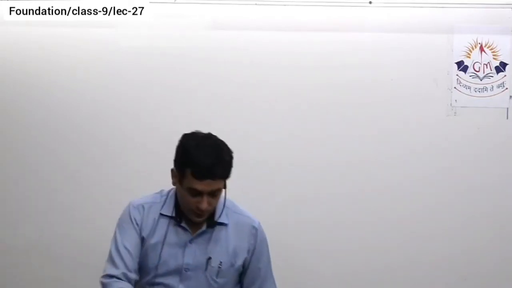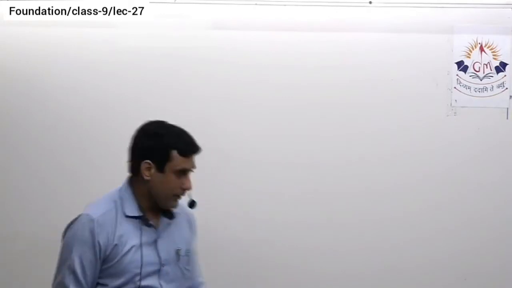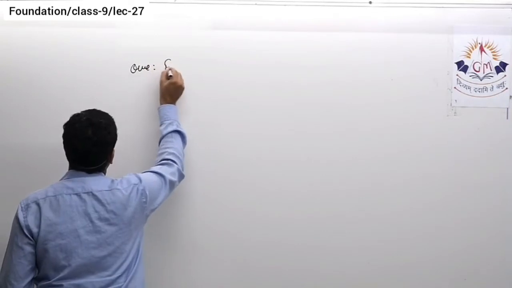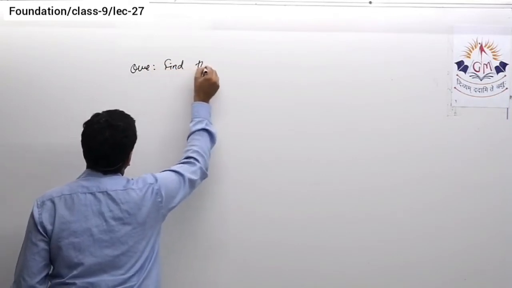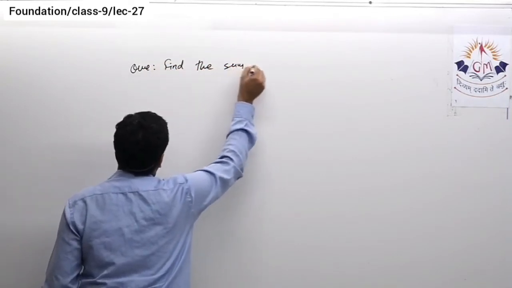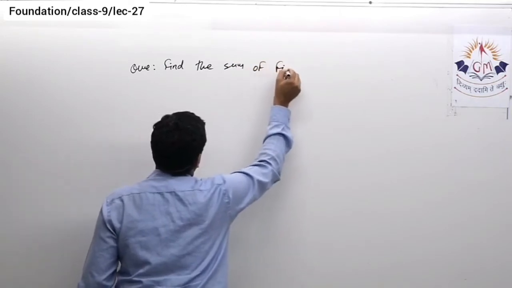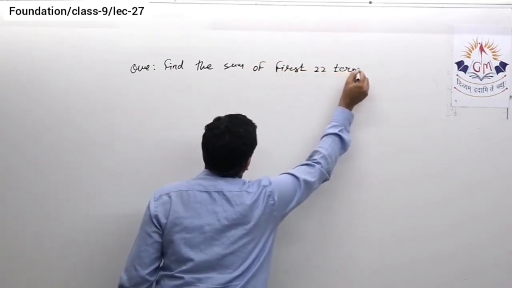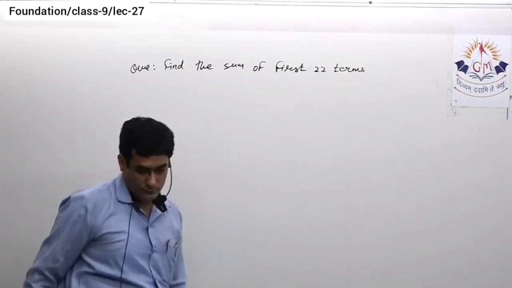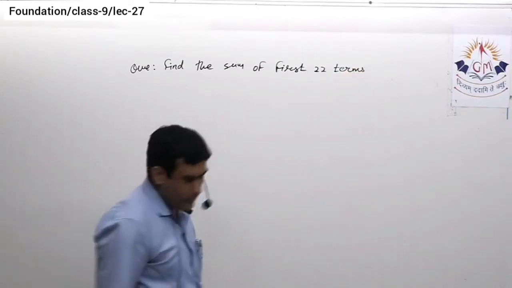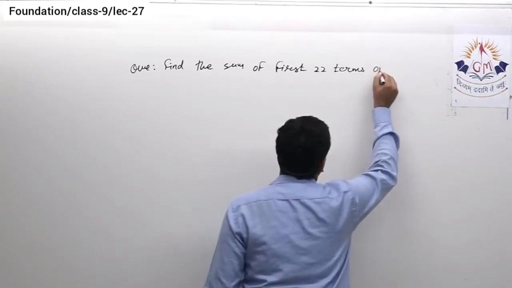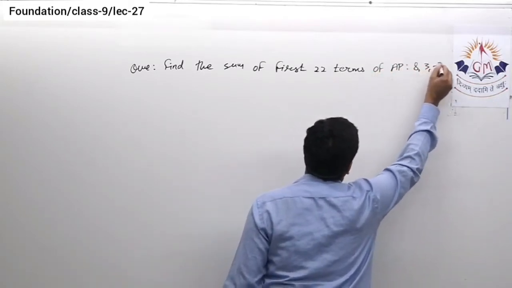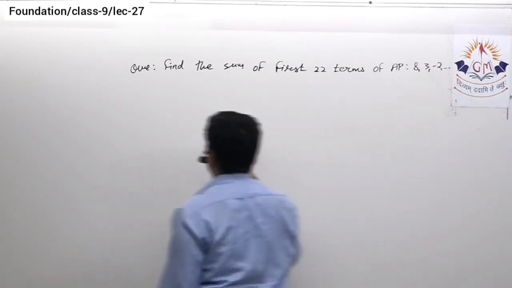Okay, so the very first question is: find the sum of first 22 terms of the AP 8, 3, minus 2 and so on.